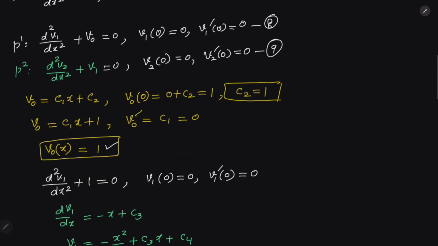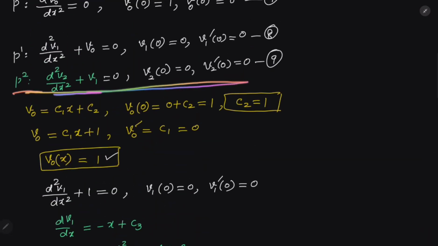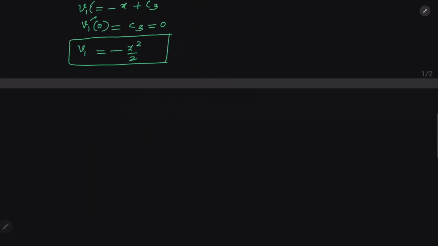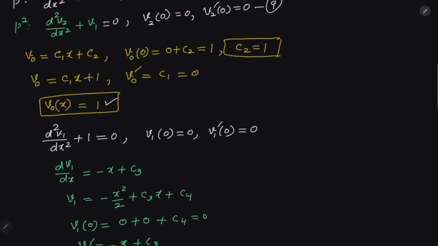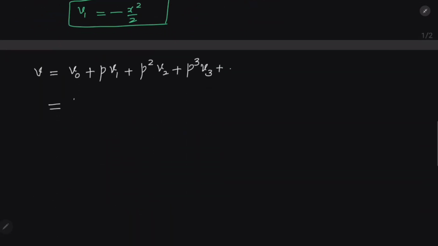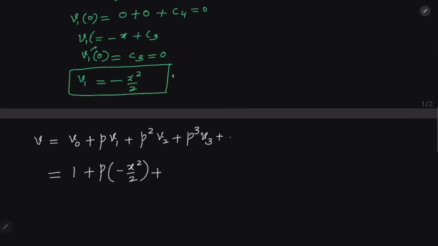I hope you can solve this component as well, so that you can get the idea what series we get at the end. So the solution is v is equal to v naught plus p v1, this is still not a solution of our differential equation, plus p cube v3, and so on. Maybe I first take the initial guess. V naught is 1 plus p, v1 is minus x square by 2, which is this term.